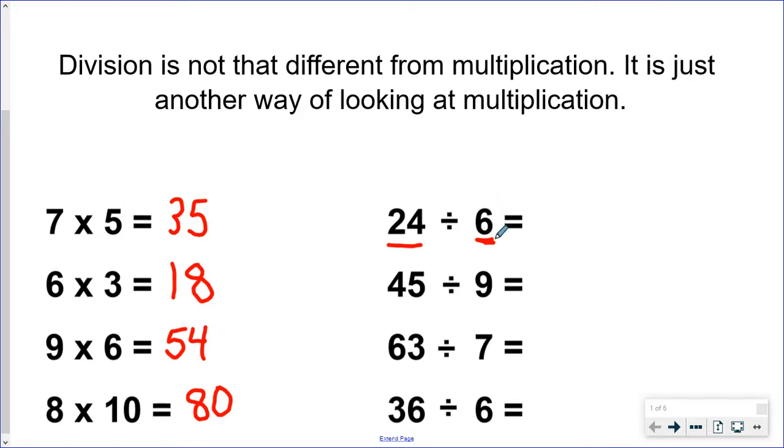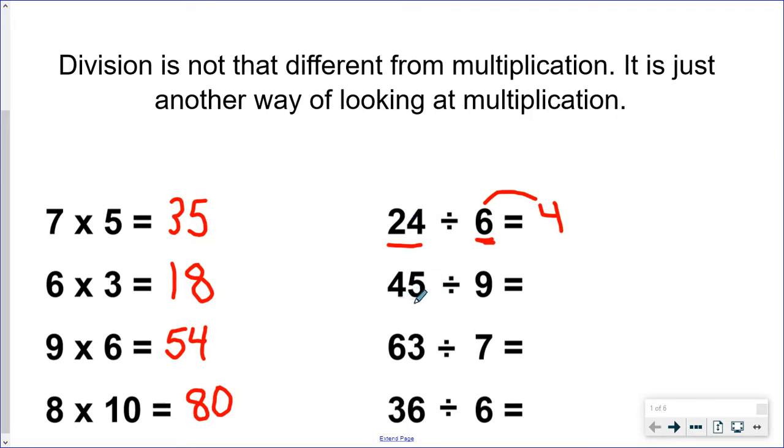And if I do my multiplication right, hopefully I know that 6 times 4 is 24, so I'm going to put a 4 down here. So when you look at division, the cool thing is when you take this factor right here, and then you also take the answer, which would be a quotient, if you multiply these two together, it should give you whatever your first number is.